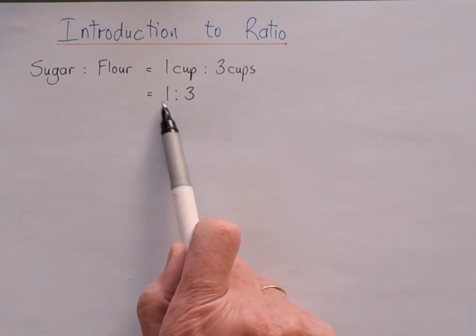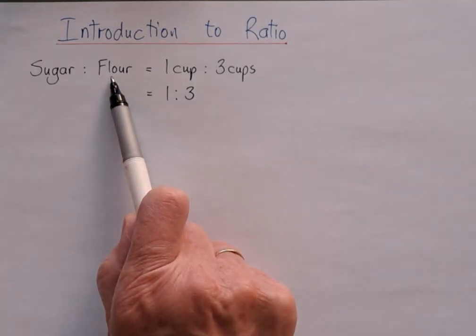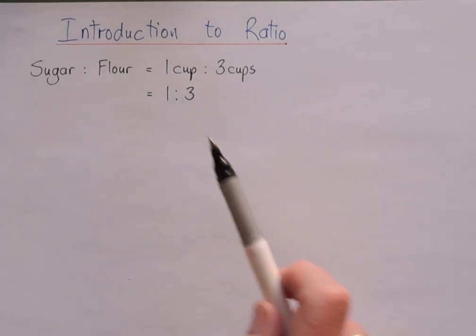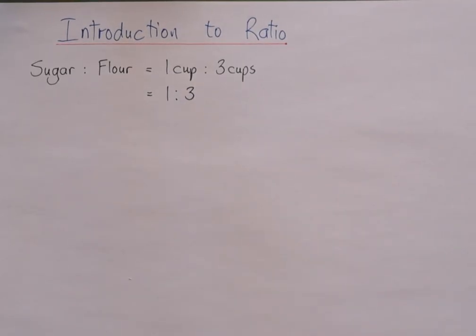Then for every 1 kilogram of sugar, we would put in 3 kilograms of flour. So the ratio written like that allows us to use whatever unit of measurement we want when we're actually using the ratio. So let's see now what actually happens with ratios.